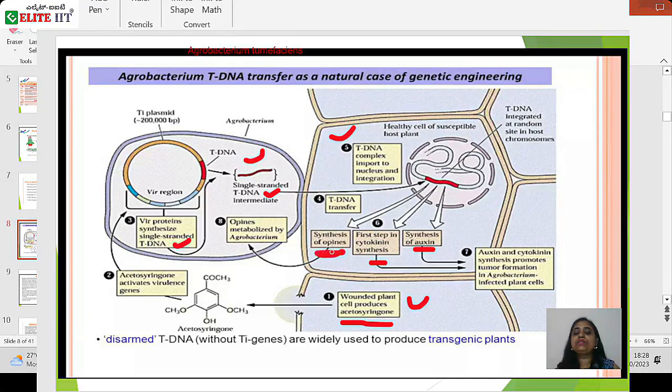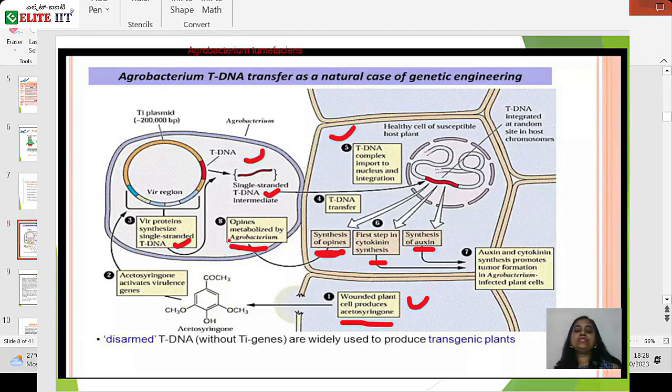Whenever opines are produced, those opines are actually utilized by the bacteria, because I told you, nitrogen source. Opine is the nitrogen source for bacteria. So opine is utilized by the agrobacterium. You can consider that opine is again accelerating the growth of the agrobacterium.